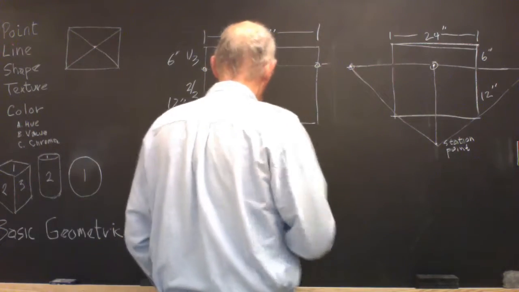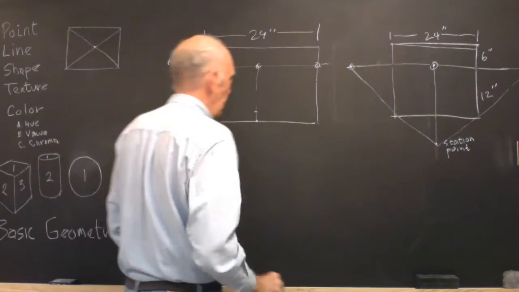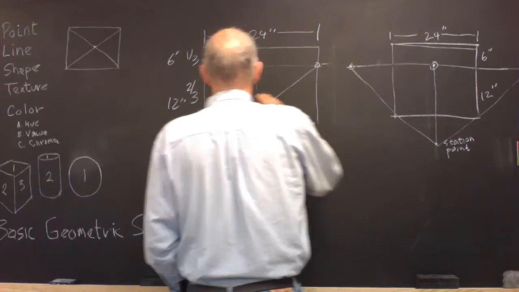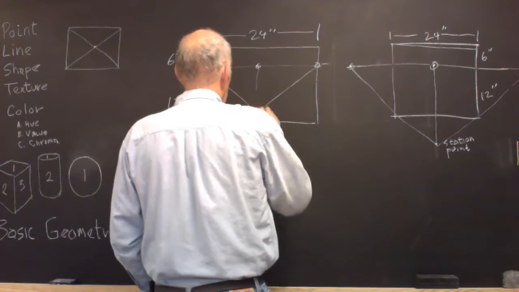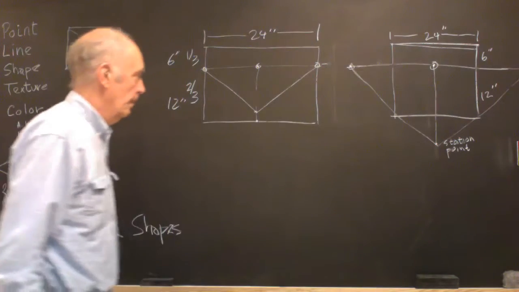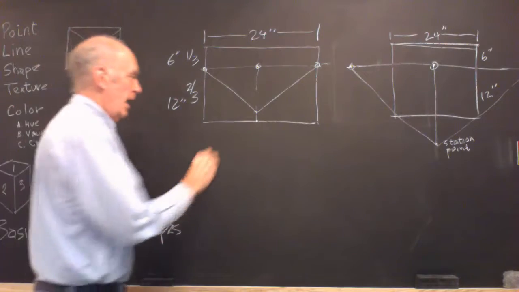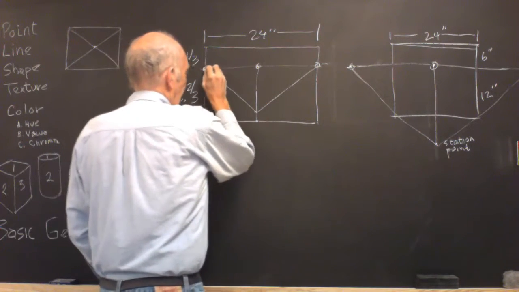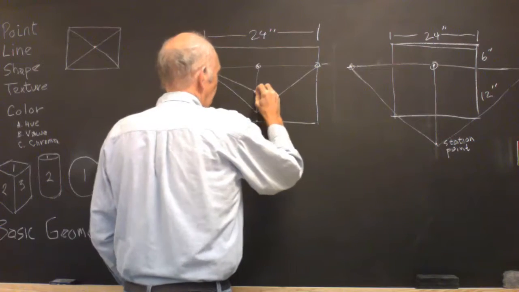Now, I'm going to move up on here and draw a box in 2-point perspective. And I do that by drawing the front edge and using these vanishing points left and right.